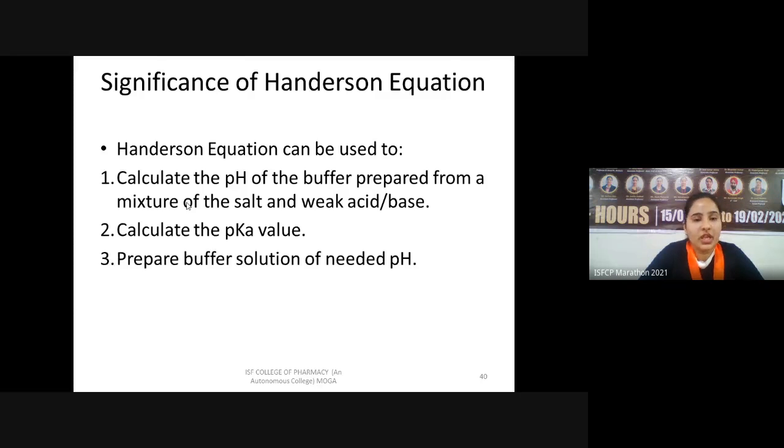Secondly, we can calculate the pKa value if we know the pH and the concentration of the salt and acid. Third, using this equation, we can prepare a buffer solution of the needed pH.